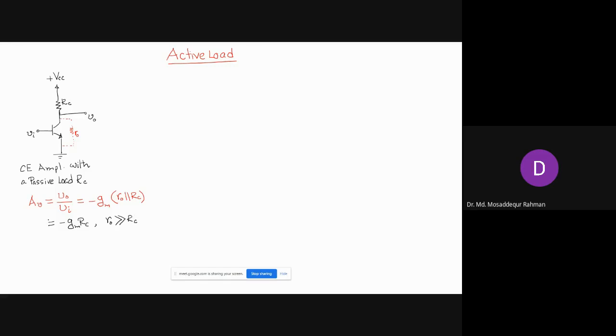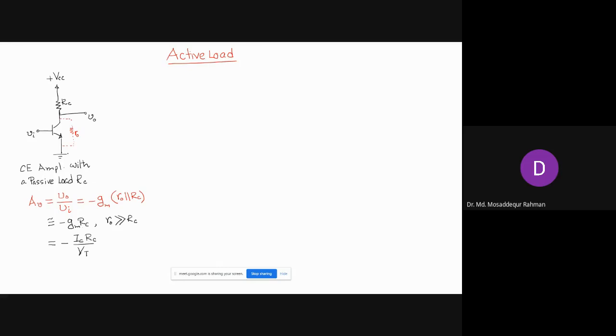This is an approximation. Now, to get further insight into this gain expression, we replace Gm by IC by VT. Gm is IC by VT, and we have RC, so we get this expression.